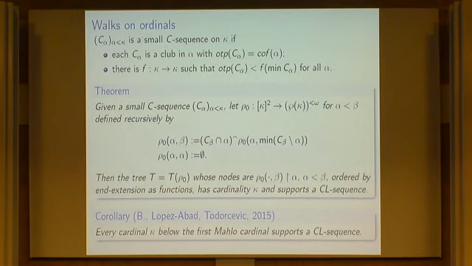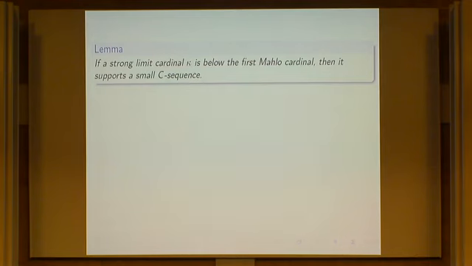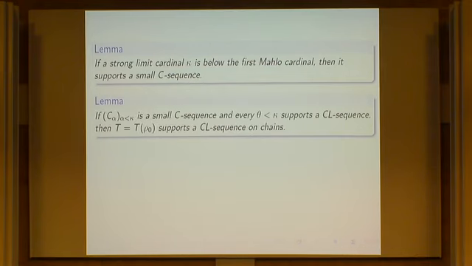So it has a sequence like that, and therefore this tree supports a CL sequence. And if C_alpha is a small C-sequence, and every cardinal less than kappa supports a CL sequence, then this tree supports a CL sequence on chains.